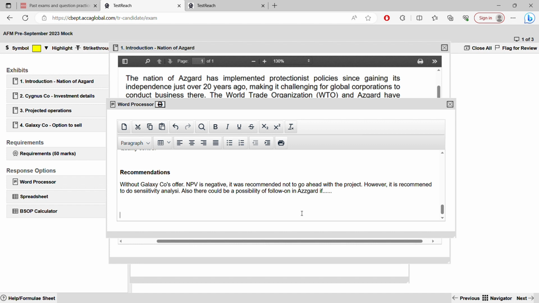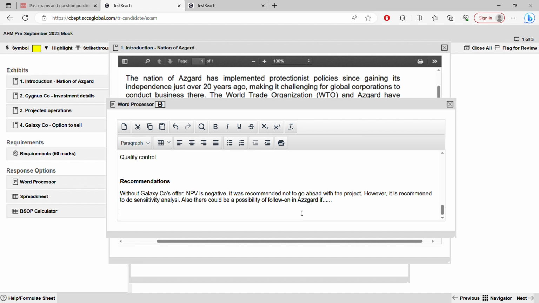In the second paragraph, you are going to write about with the offer, it is positive. I'm not writing it, you can write it, and fill in the blanks. So with this offer, it is recommended they can go ahead with the project because it was showing a positive value, as long as the director is satisfied the offer is reliable. Always give a financial recommendation based on financial factors, and students often neglect the non-financial.